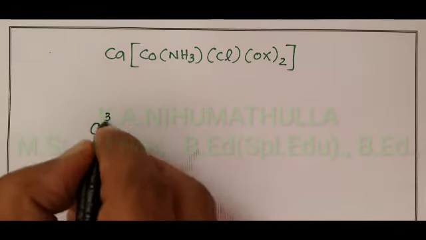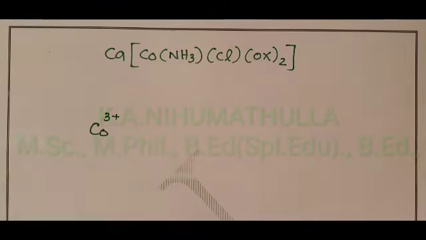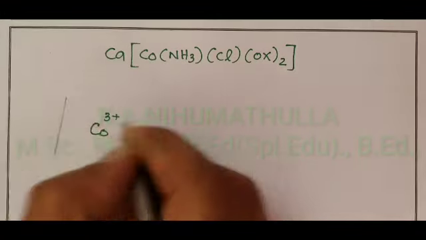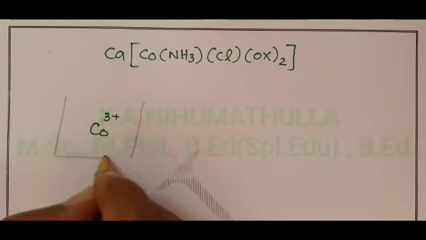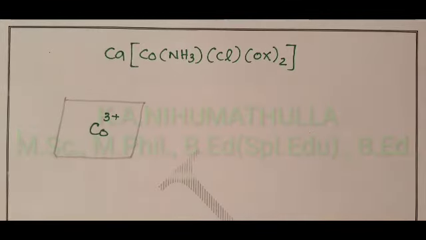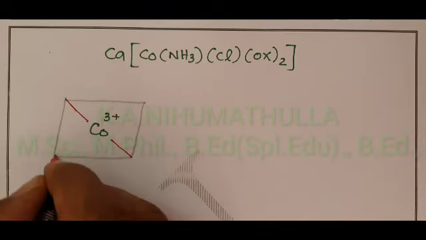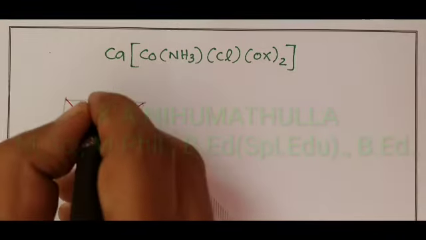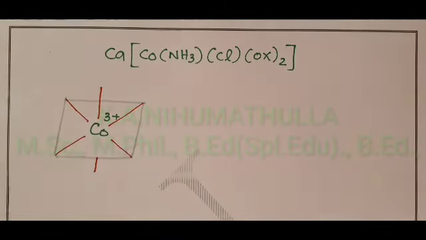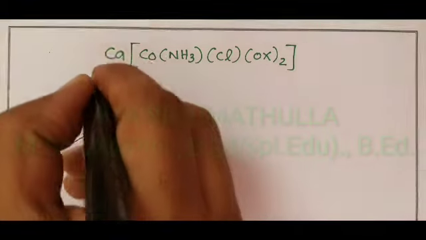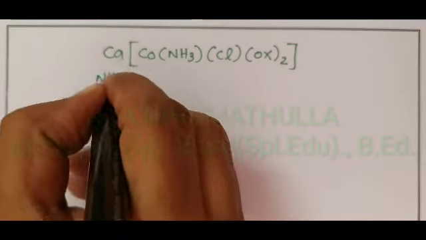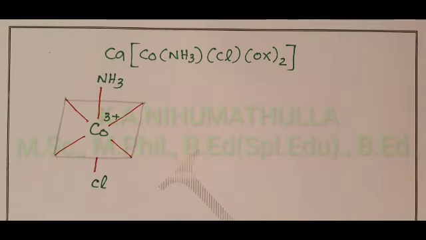Cobalt 3 plus at the center, and we know where the ligands are present in octahedral complexes. Join all the corner atoms, 1, 2, 3, 4, 5, 6 positions. In the trans isomer, the monodentate ligands are in the opposite direction. NH3 is here, so in the opposite position Cl is present.